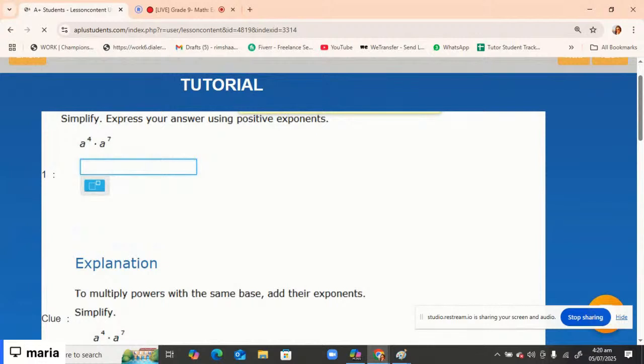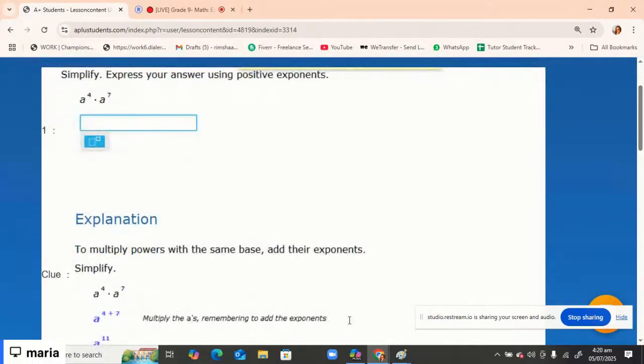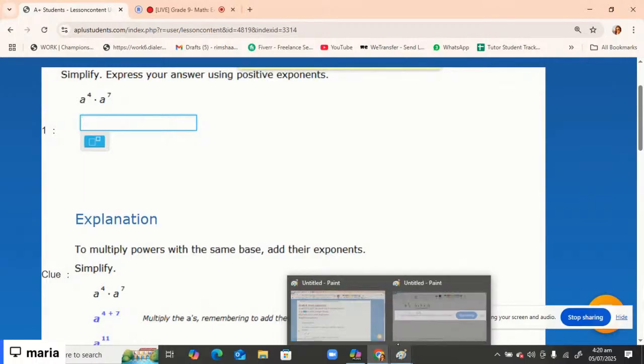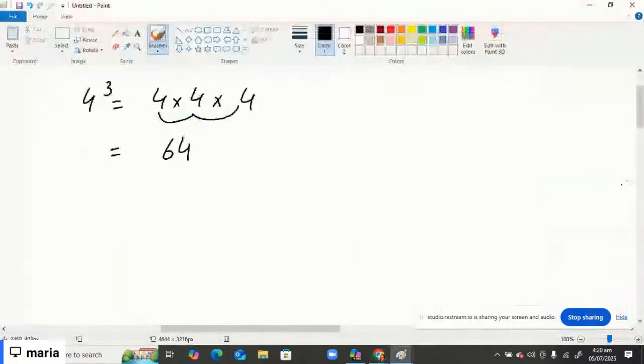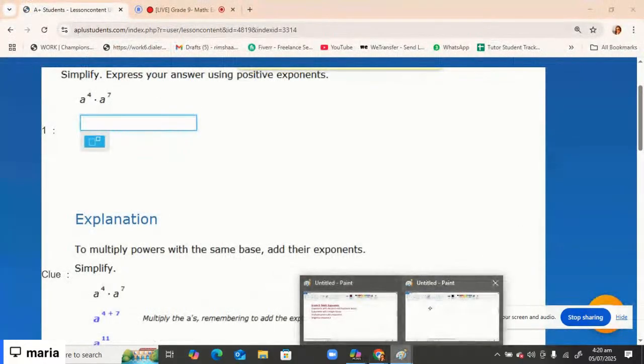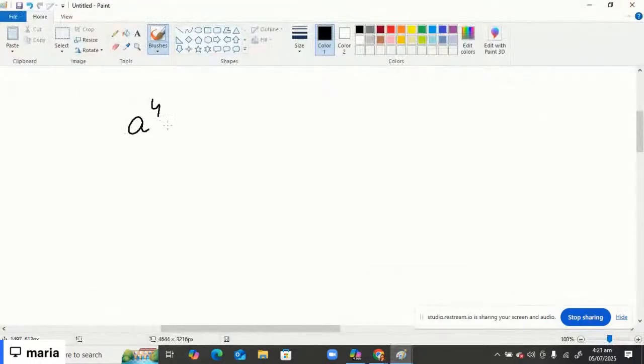Simplify, express your answer using the positive exponents. So here some kind of exponents are given. This A represents the bases. Bases are same and now the powers are different. So now we are going to take A power 4 dot A power 7.